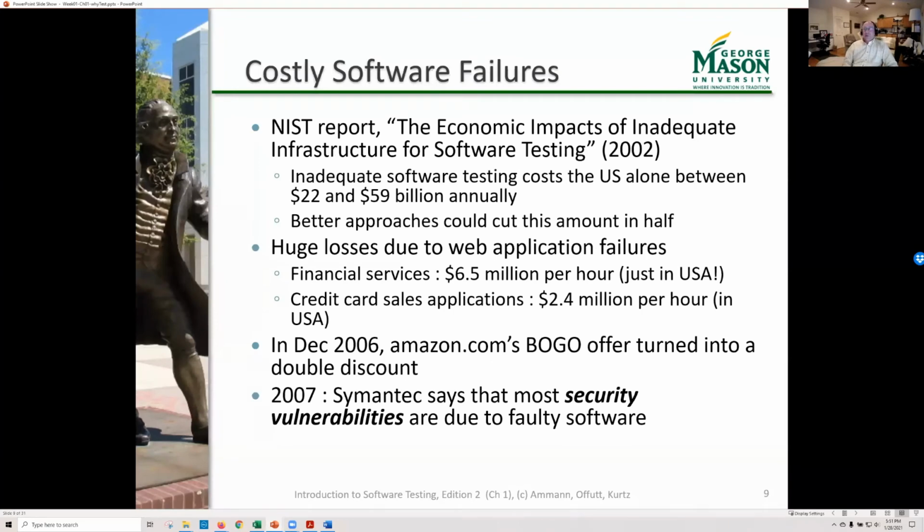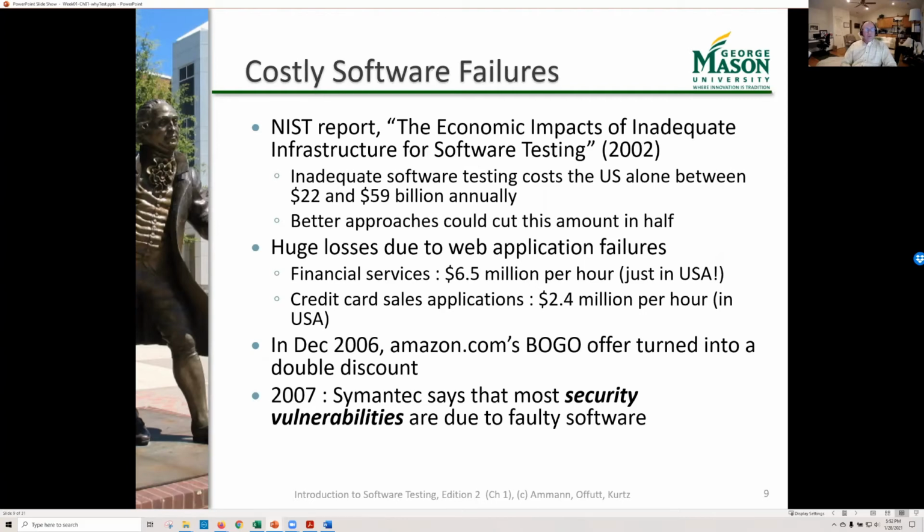So software failures are expensive. We can go back to a very old, 20-year-old report from the National Institute of Standards and Technology that identified software defect costs at up to $59 billion a year in the US alone. And that's 20 years ago. So just imagine what that number must be today.